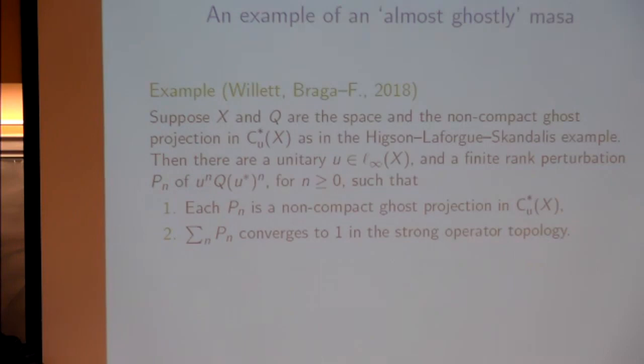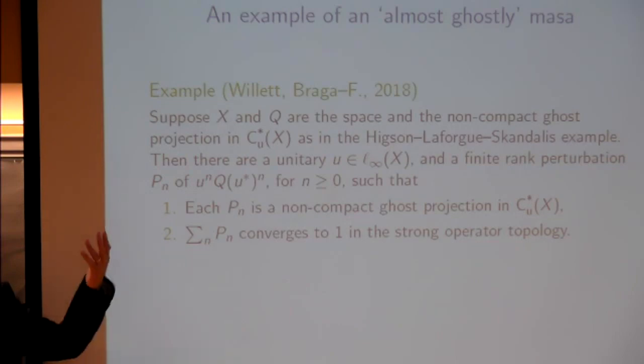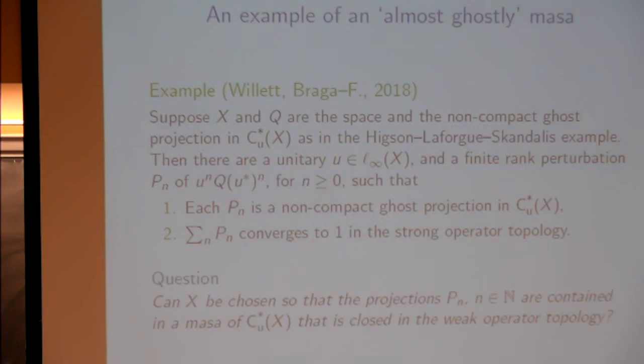And if you just remove finite rank operators, they actually end up converging strongly to the identity. So you can use the axiom of choice to extend this to a maximal abelian subalgebra, but it's not clear whether one can get it to be closed in the weak operator topology. So it's not clear whether we have an example here or not.